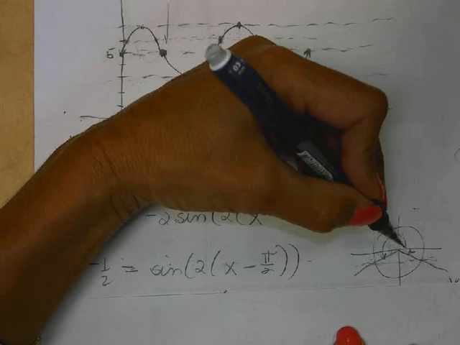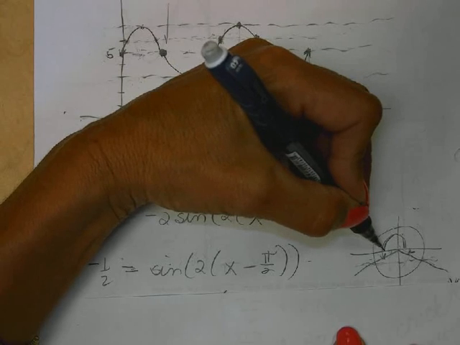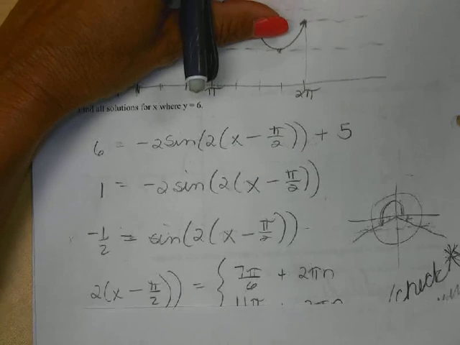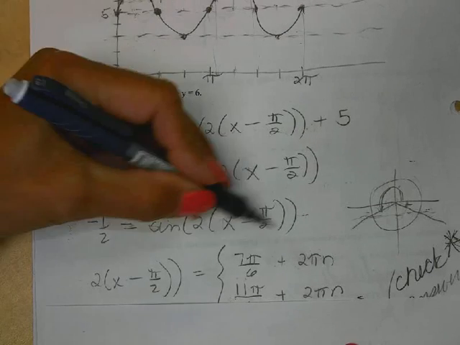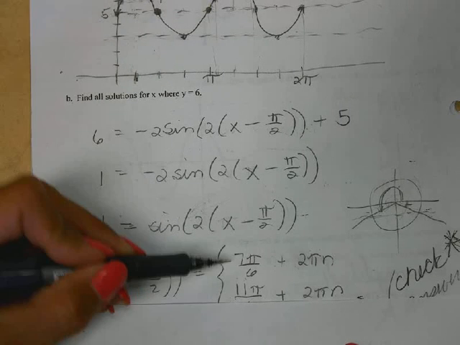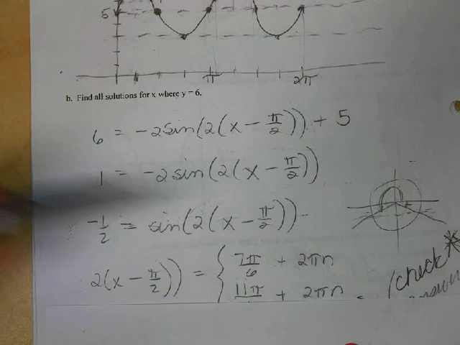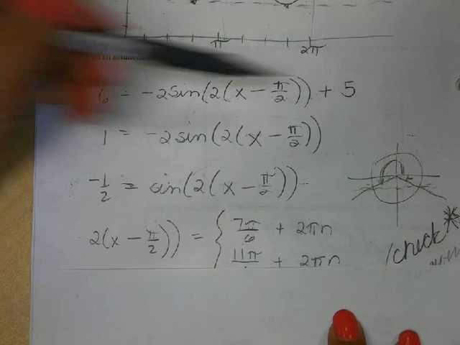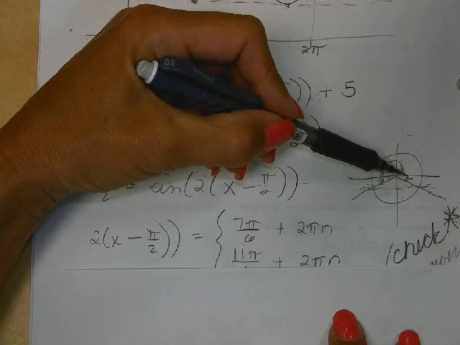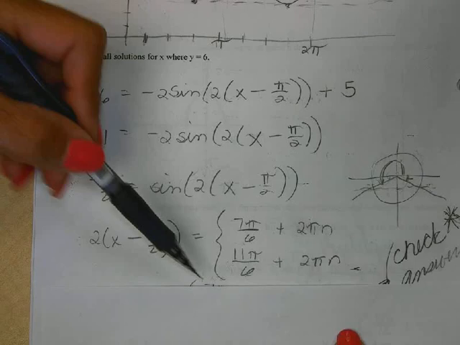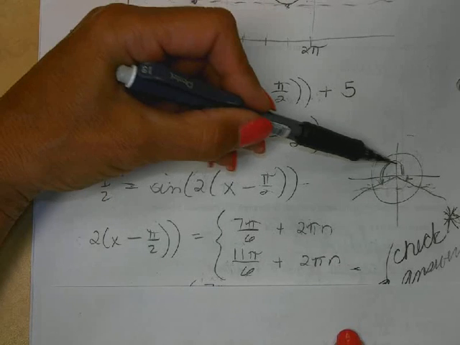So this reference angle in here is 30 degrees or pi over 6 radians. There are a couple different ways I could name this angle. This one I would naturally call pi plus pi over 6 and say that this whole chunk is equal to 7 pi over 6 plus 2 pi n.